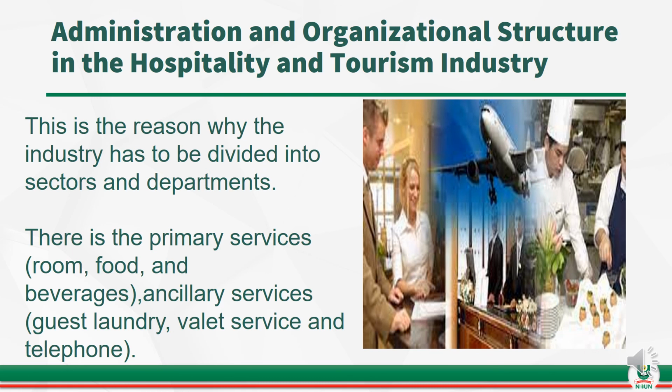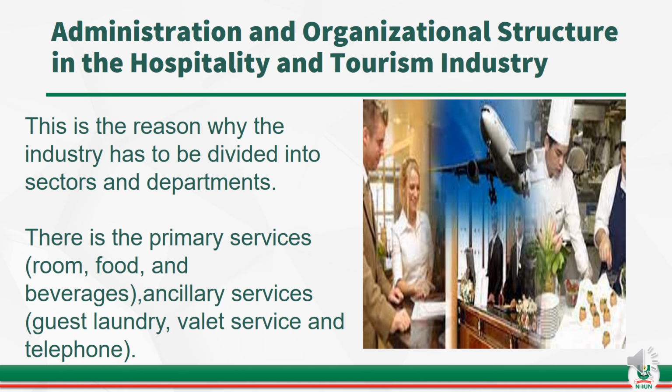This is the reason the industry has to be divided into sectors and departments. There is primary service, which is the room service and the food and beverage service. There are ancillary services like guest laundry, the valet service, and the telephone.